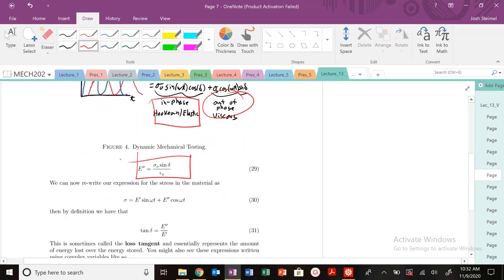Our loss modulus, which corresponds to the viscous or out of phase component, is described as such. You could rewrite that expression with those definitions as so. You're just plugging and chugging into those definitions.